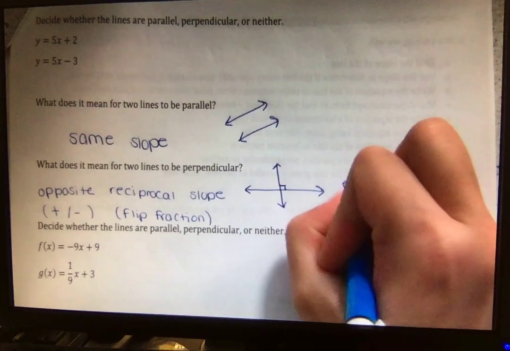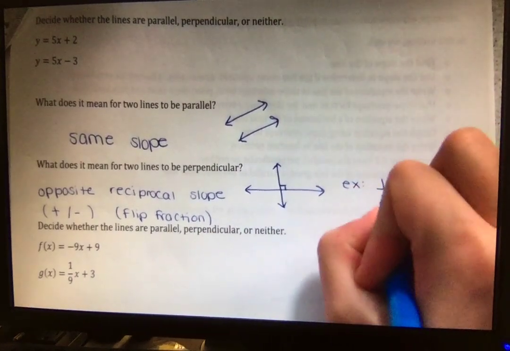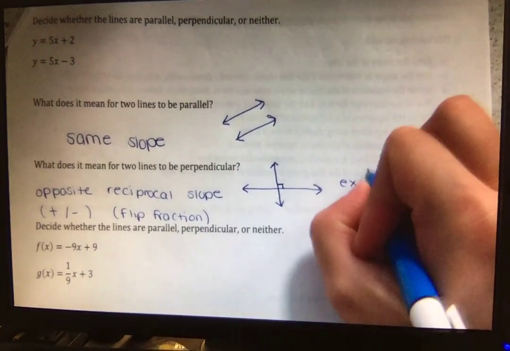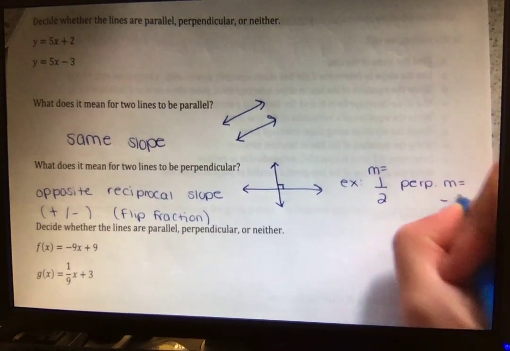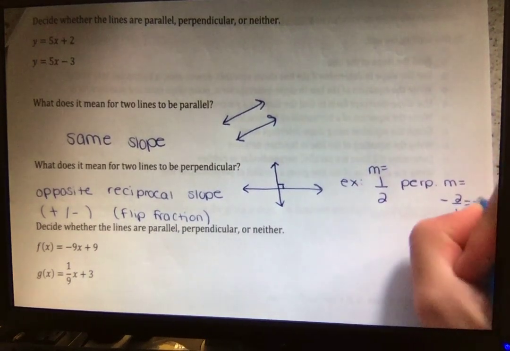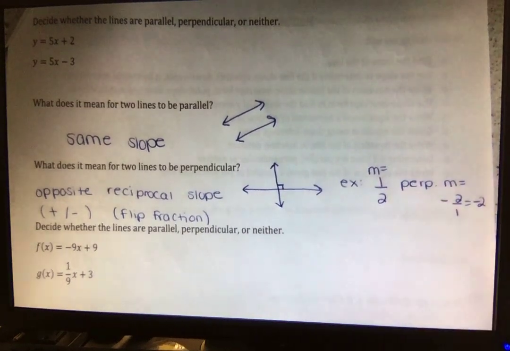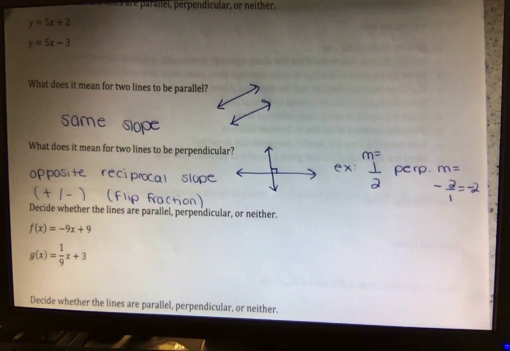So for example, if one slope is 1/2, then our perpendicular slope will be -2/1, which is -2. This one's positive, our perpendicular slope is negative. If it's 1/2, we're going to flip it and it's now 2/1. So one's positive, one's negative, and they're flipped. They're reciprocals.